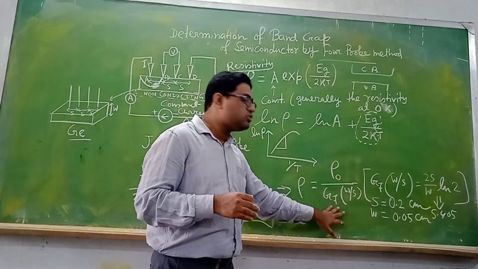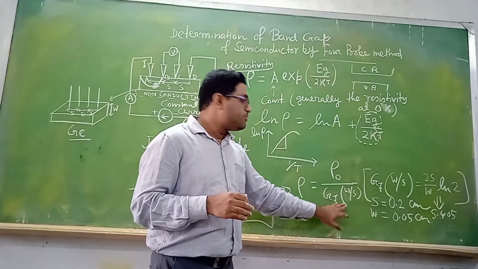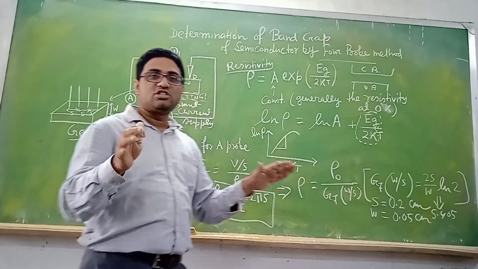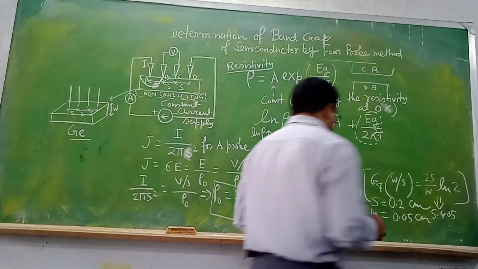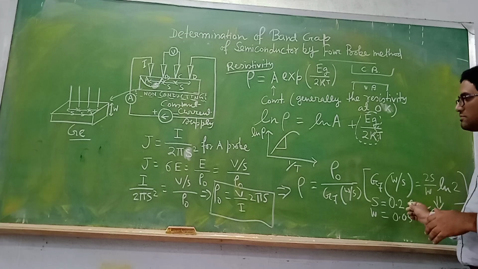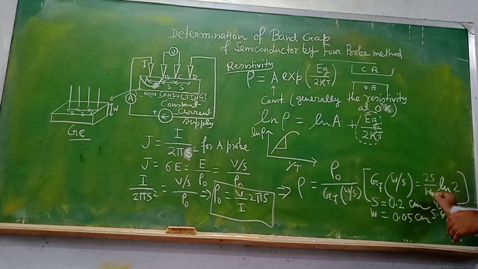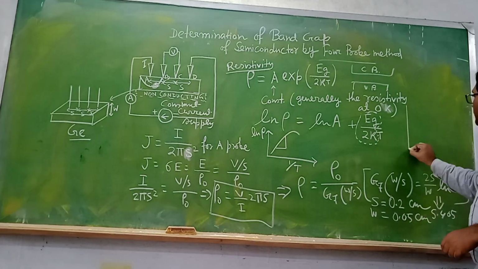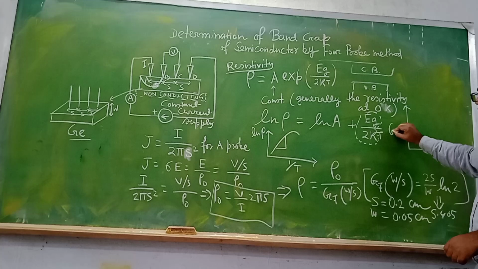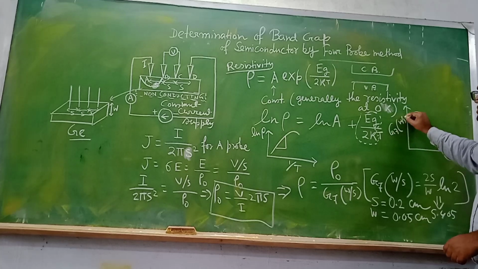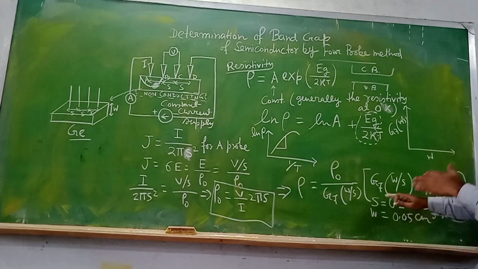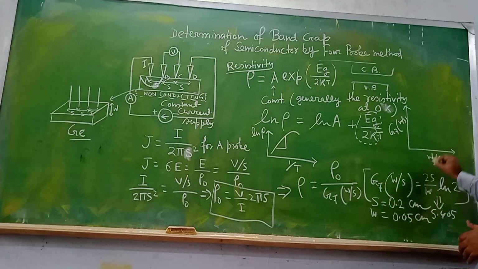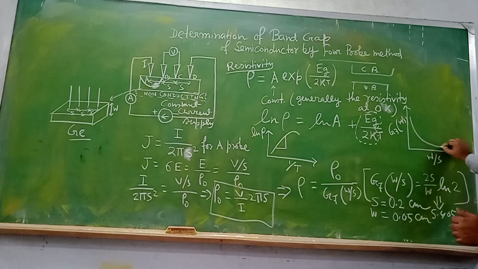So rho 0 you have to divide by G7 of W by S. This is a constant, this is a function, and this function is basically 2s by W ln 2. Normally if I plot it, here this will be G7 of W by S, and if I vary this S and W, and you write down W by S, it will be something like this.